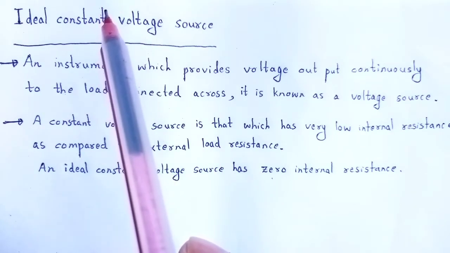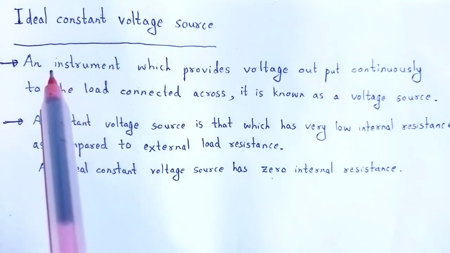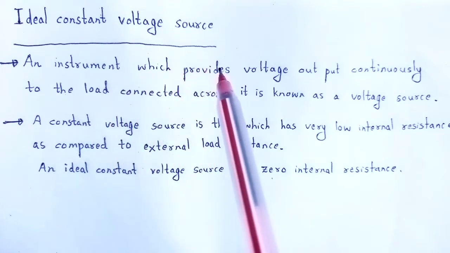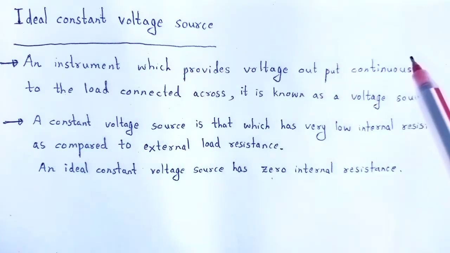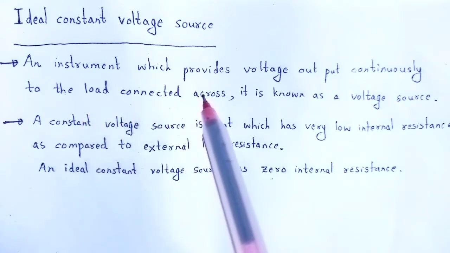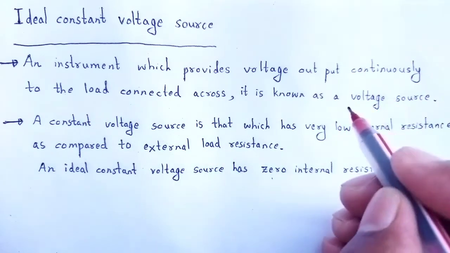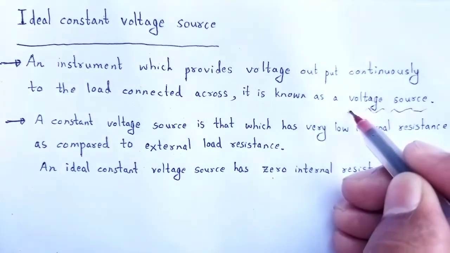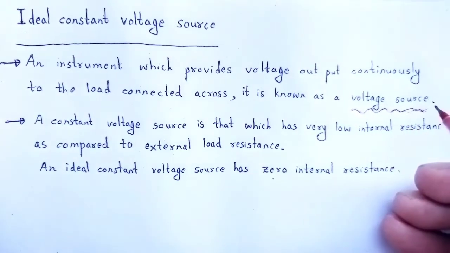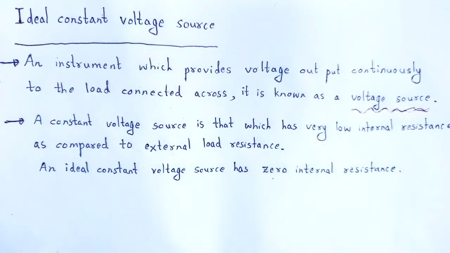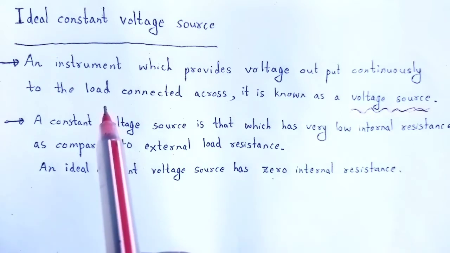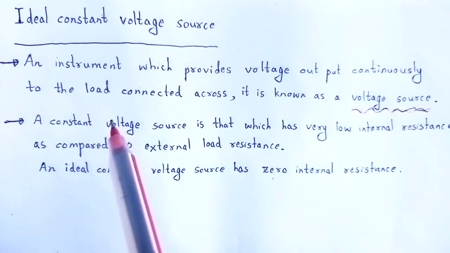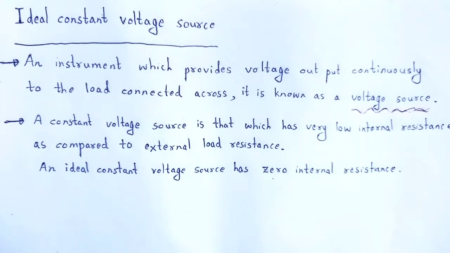Constant voltage source is an instrument which provides voltage output continuously to the load connected across it. Any kind of instrument like resistor, capacitor, inductor which opposes the flow of current through the circuit is named as the load.